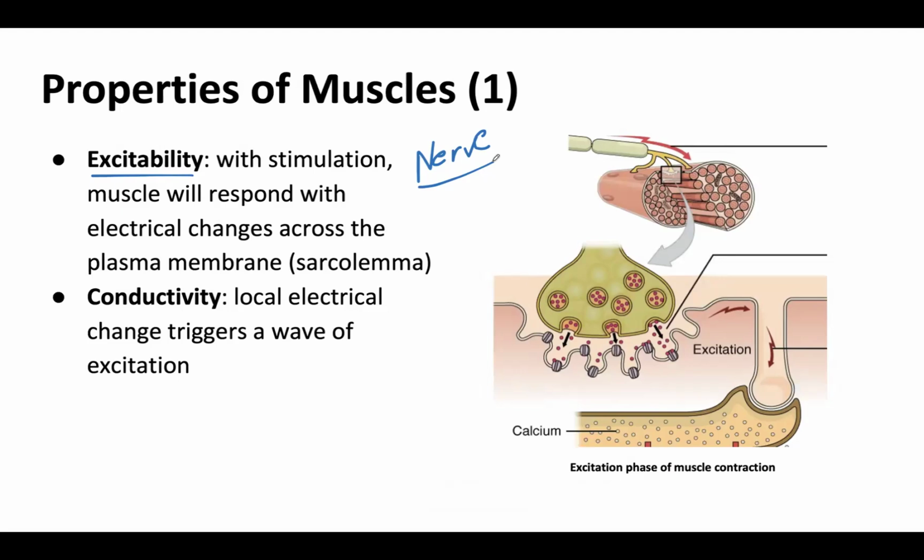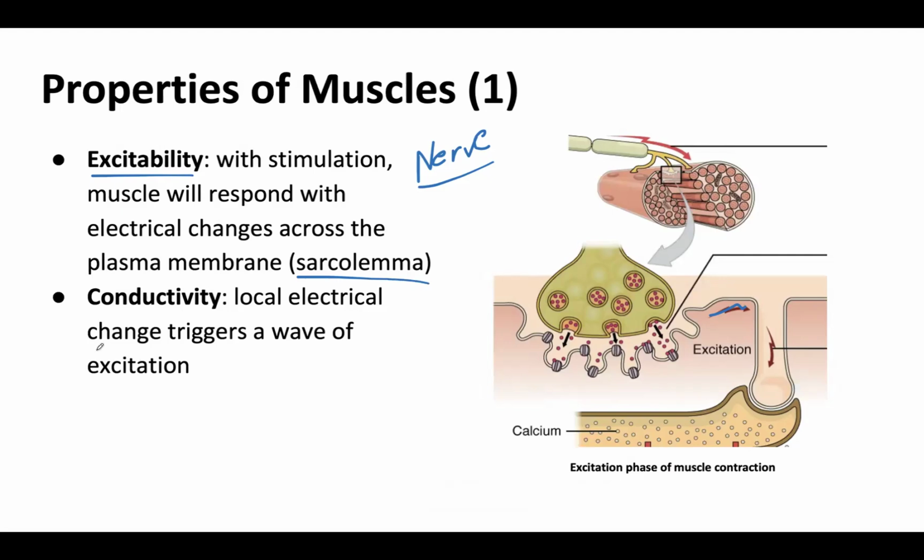So, what this actually means is when a muscle cell or a nerve cell is stimulated by chemical signals, or when we're talking about muscle cells, stretch or other stimuli, the cells will respond with electrical changes across the plasma membrane of the cell. And when we're talking about a muscle cell, that plasma membrane is called a sarcolemma. So excitation can happen.